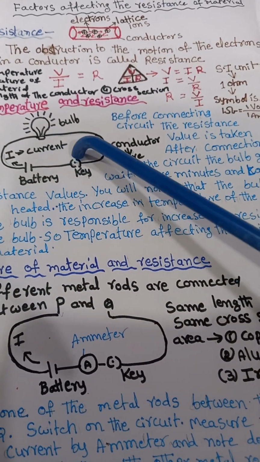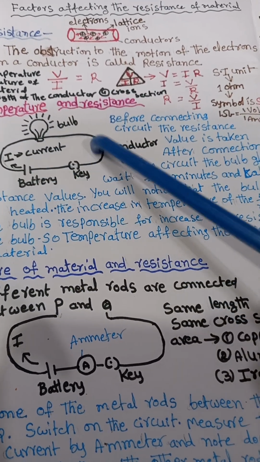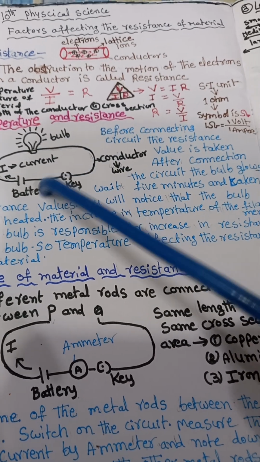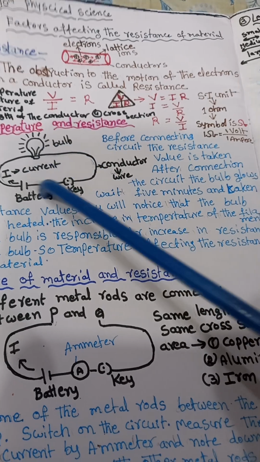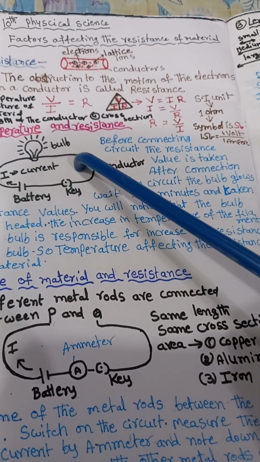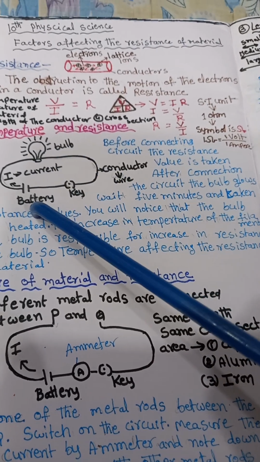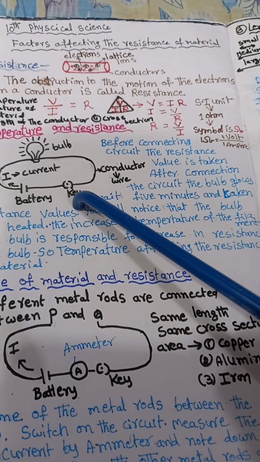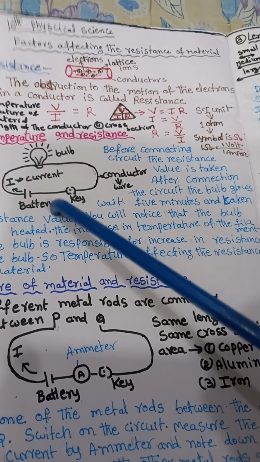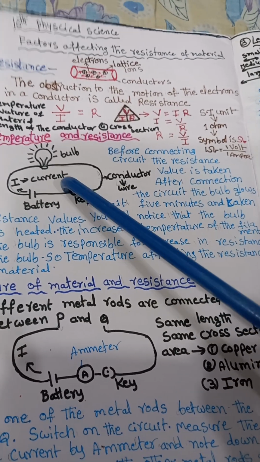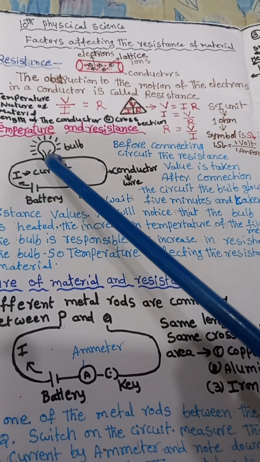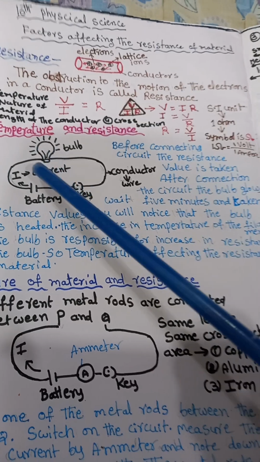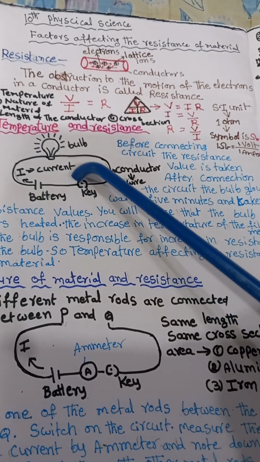First, before connecting the wire, we take the resistance values, and after connecting the bulb to a battery through the conductor, when we switch on this key, the current passes and reaches the bulb and the bulb glows brightly. So wait 5 minutes.